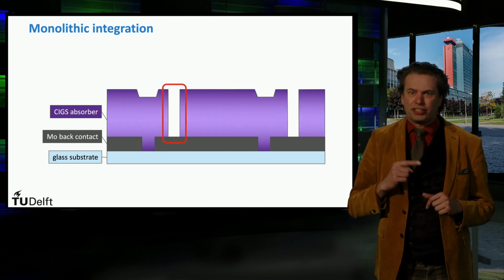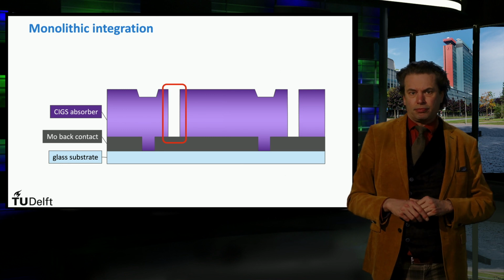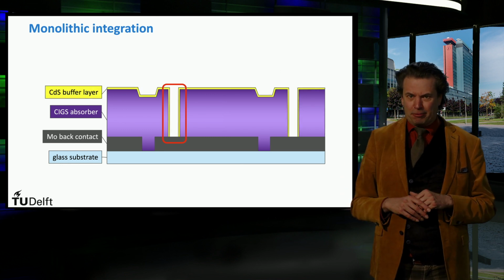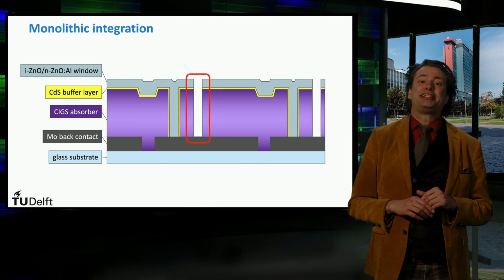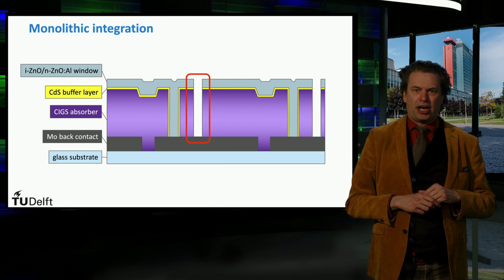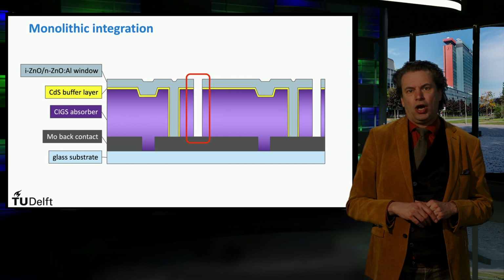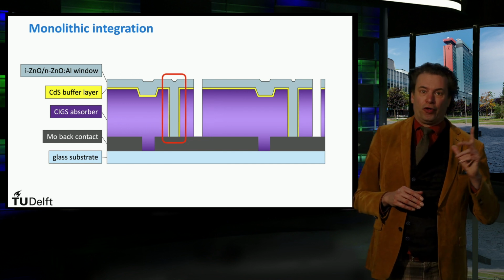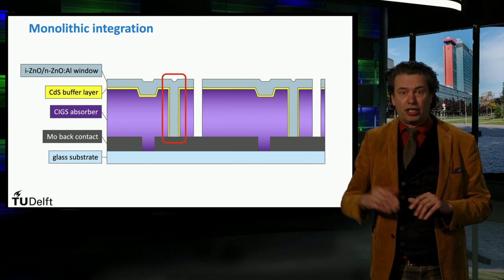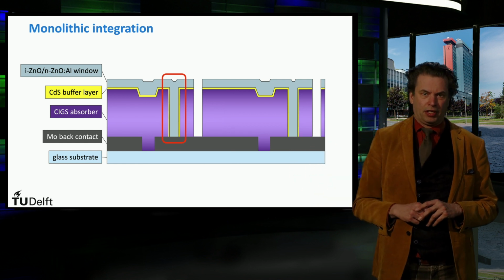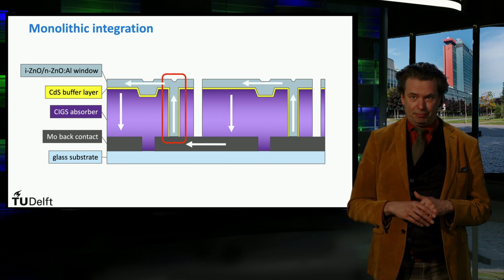A second laser scribe is performed after the CIGS deposition, followed by the cadmium sulfide buffer layer and the zinc oxide TCO layer. A third laser scribe divides the material into cells of the right size, while the connection between the front TCO layer of the first cell and the back contact of the second solar cell is located here. The current can then flow through the interconnection as is shown here.